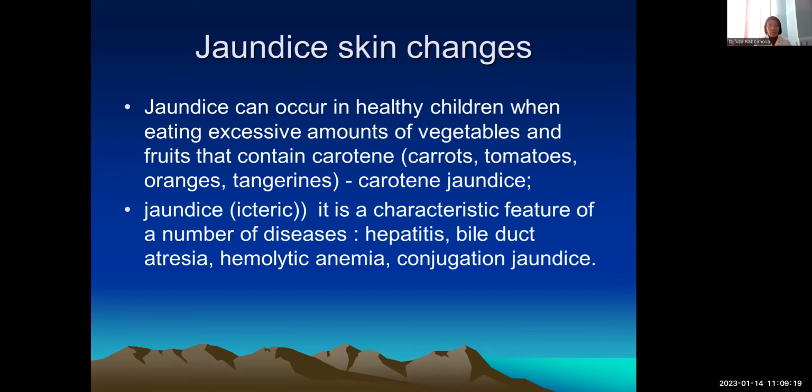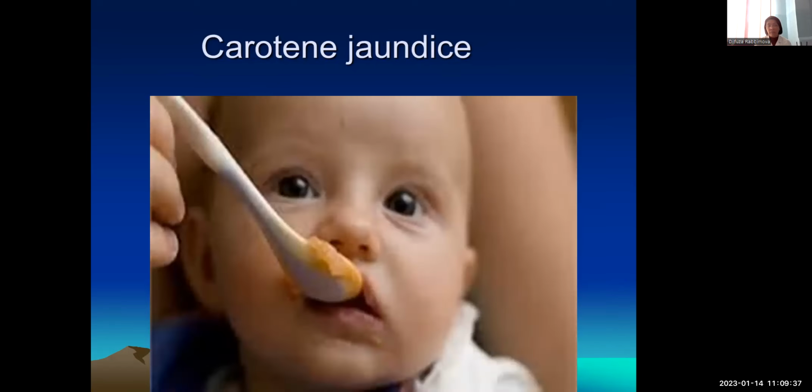Or jaundice may be due to a high level of bilirubin in children with hepatitis, bile duct atresia, hemolytic anemia, conjugation jaundice. In this picture, you can see a baby with carotene jaundice. In carotene jaundice, the yellow color can be only on the skin, not on the mucous membranes.